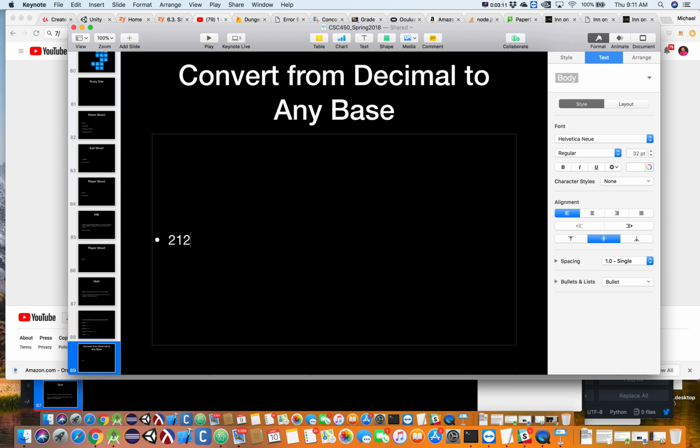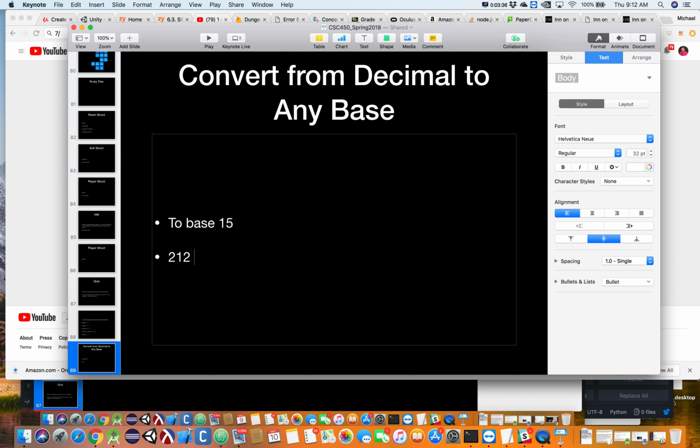Okay, so you want to convert 212 now. Pick your favorite base between base 2 and up to base 36. Doesn't matter what base you pick, because I want to really prove the point here that it's the identical pattern. Base 15. Okay, so we're going to convert this guy to base 15.